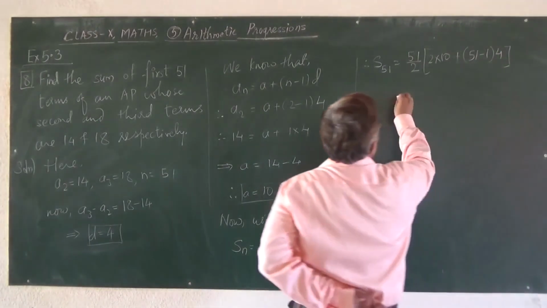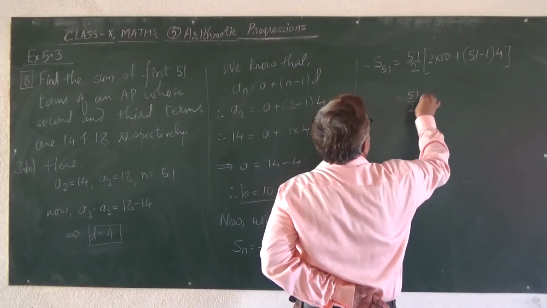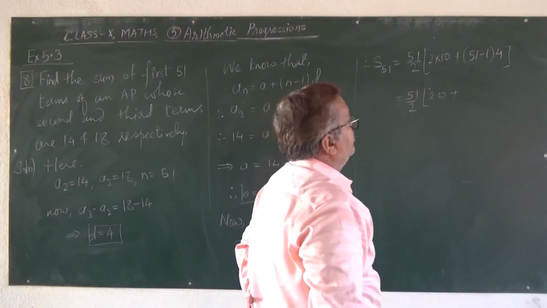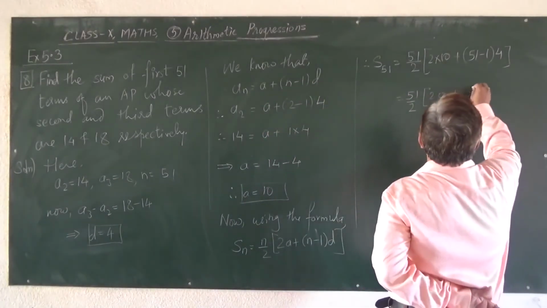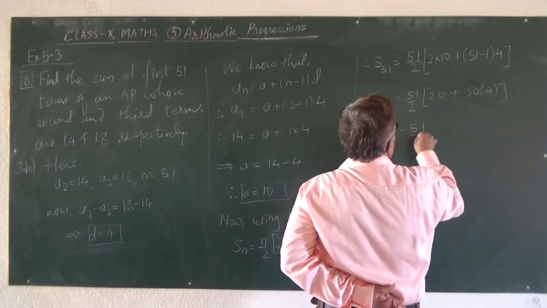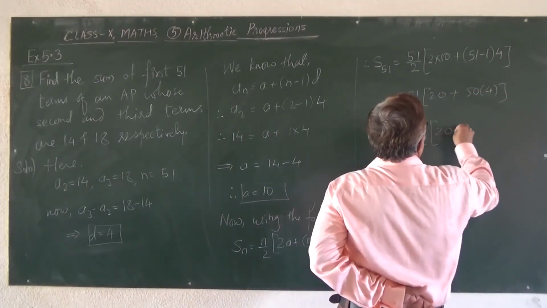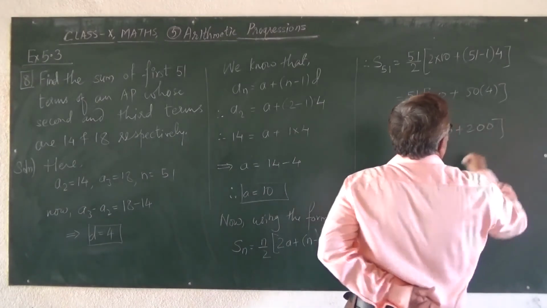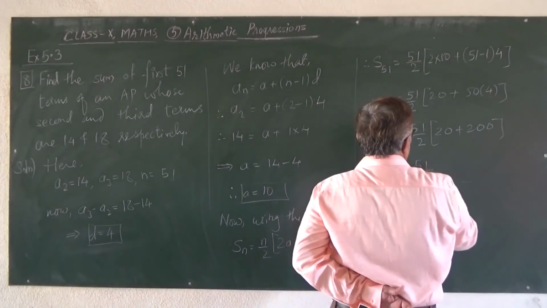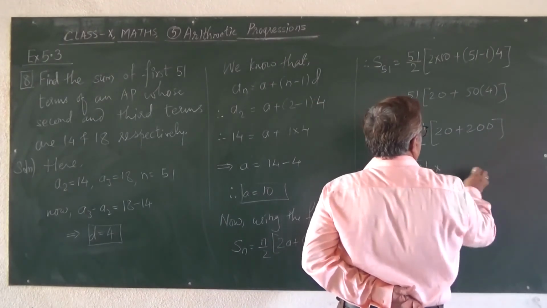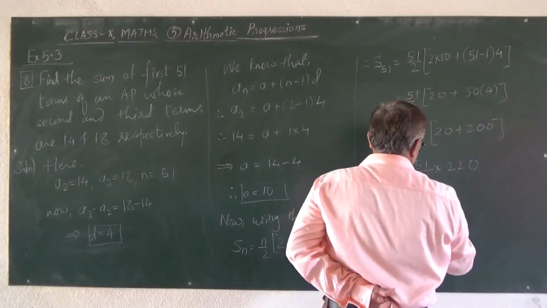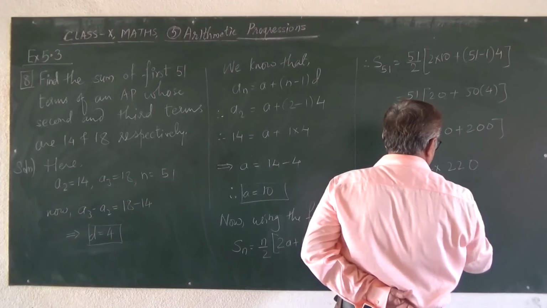Calculate: 51 by 2, 20 plus 50 into 4, that is 200. So 51 by 2 into 220, so 51 into 110.